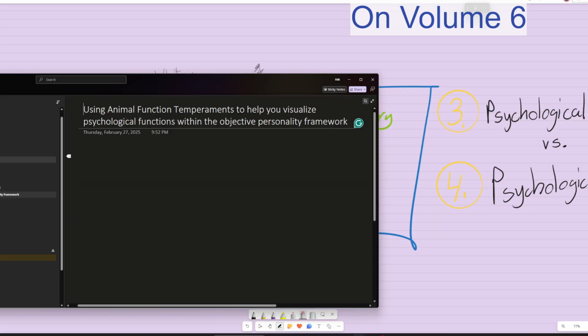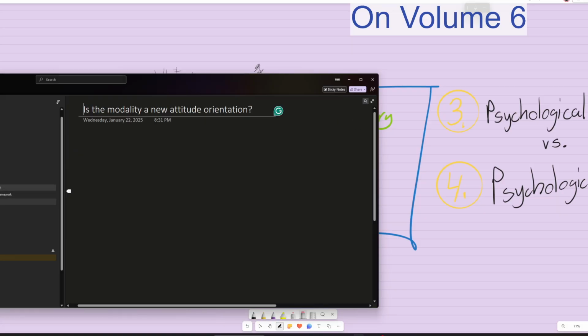Using animal function temperaments to help you visualize psychological functions within the objective personality framework. Is the modality a new attitude orientation?